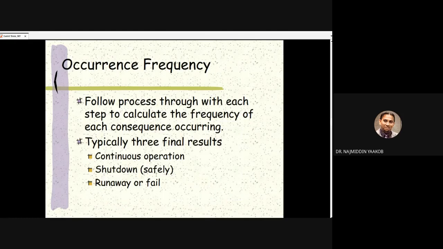However, you need to know there are three final results for the event tree. Number one is continuous operation. Number two is a shutdown safely, or a runaway, or a failure. So whether the operation is continued, shut down safely, or a runaway or a failure, these are the only three final results for event tree analysis.